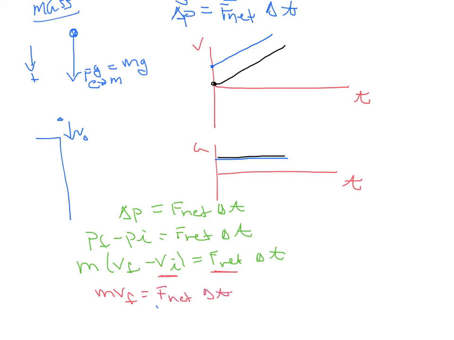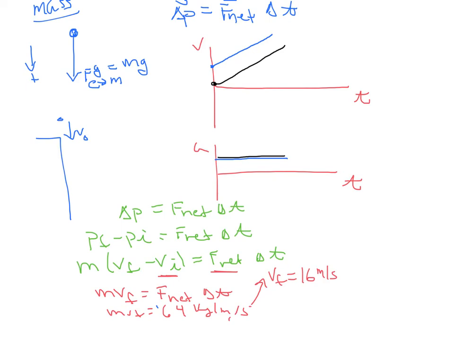Right? So we know this number from the last time, so we know that m vf here would be 64 kilogram meters per second. And we could divide by the mass, which I believe was 4, so 64 divided by 4 gives us a vf of 16 meters per second.